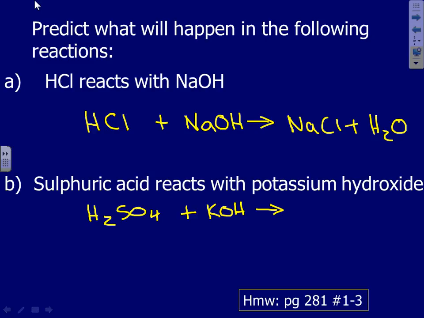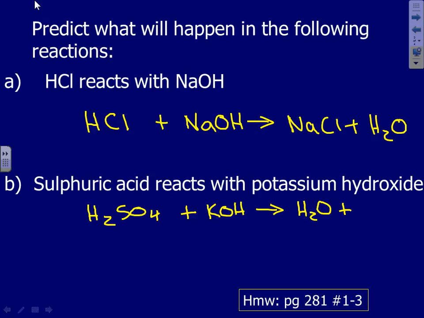Again, double displacement is going to happen. What are my products going to be? Well, what's one of them always for a neutralization reaction? Always. H2O. It doesn't matter whether you put it first or second. It makes no difference.